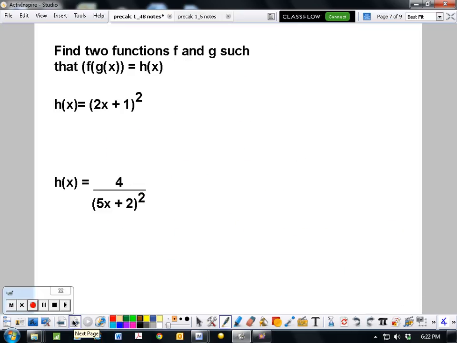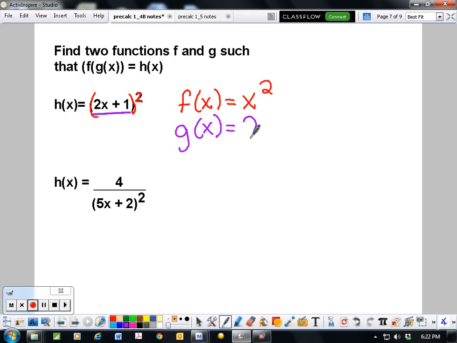Okay, find two functions f and g such that the function f of g of x will give us h of x. So we did these just not too long ago, so we're going to do it again. So let's see, we can have an f of x could be x squared. Since I have this squared. There's my f. And then the g of x that's going to get plugged in there could be this portion right here, 2x plus 1.